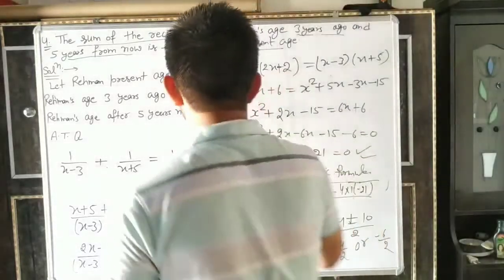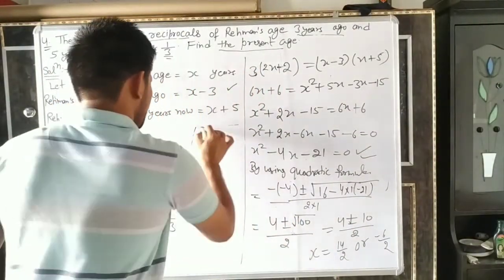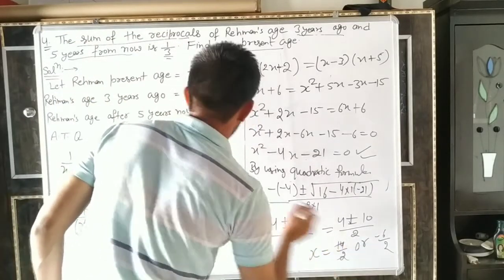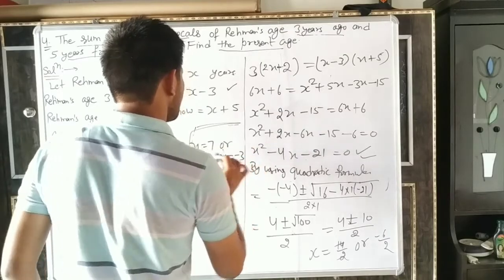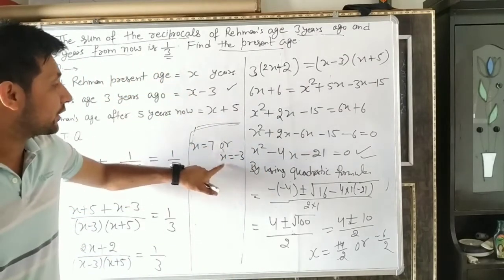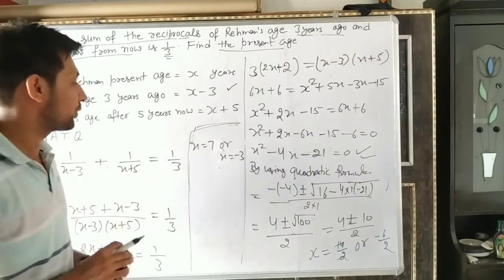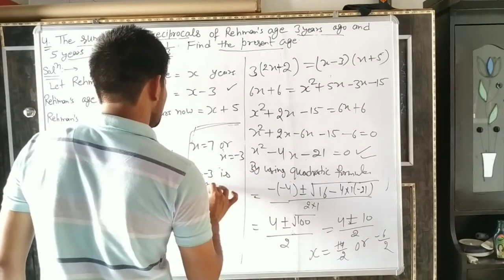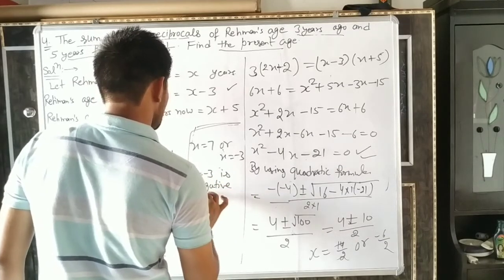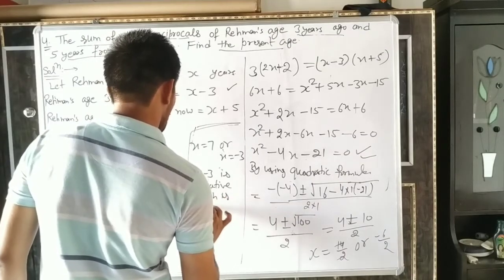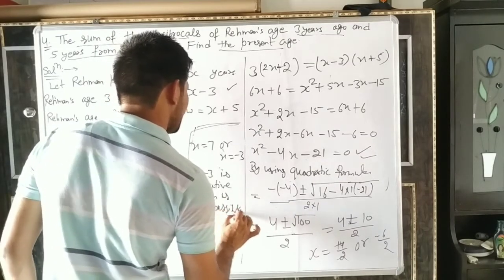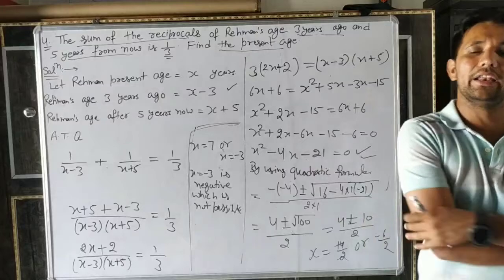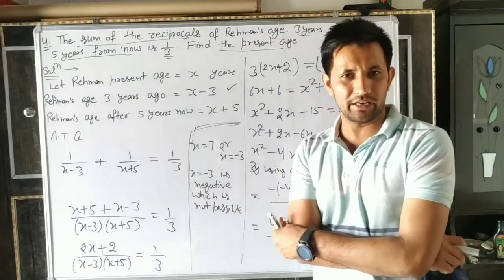So you can write in the last line: x equal to 7, or x equal to minus 3. But the question is about age, x here. Which one is possible? Negative is not possible. So x equal to minus 3 is negative, which is not possible, because age is always positive. Today you are 5 years old, your age cannot become minus 2 years.